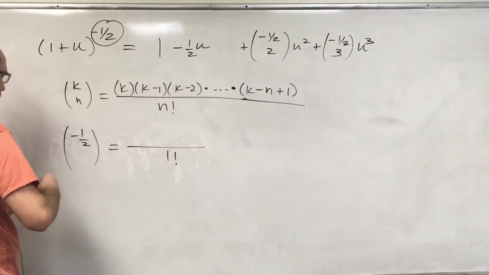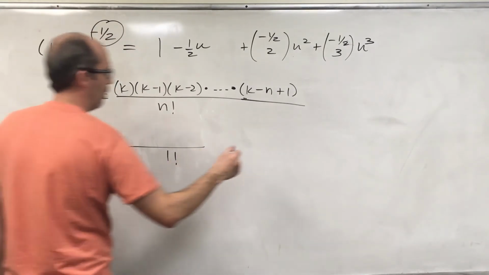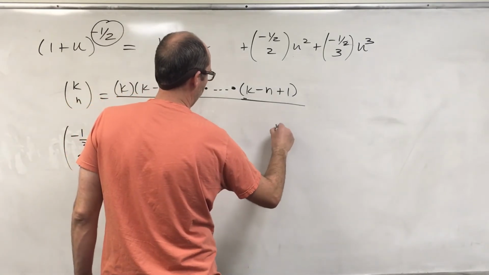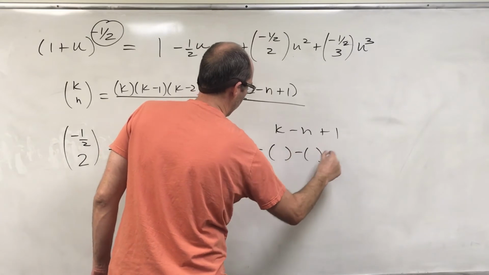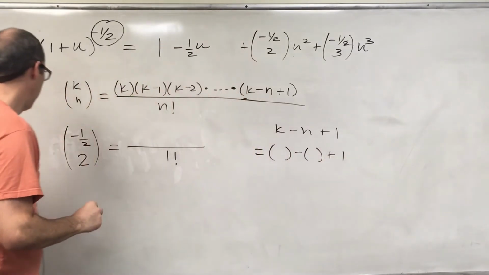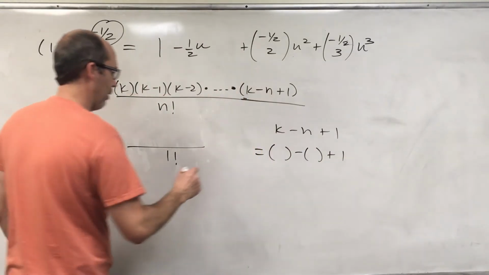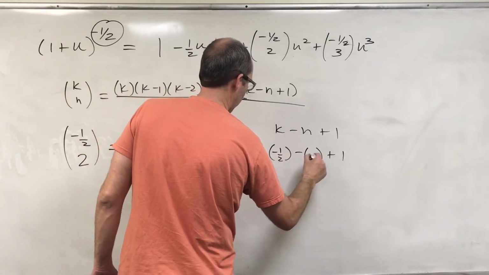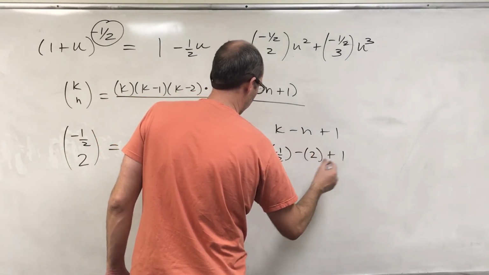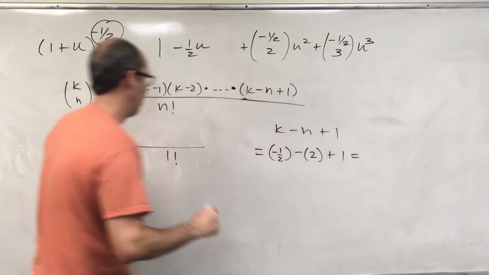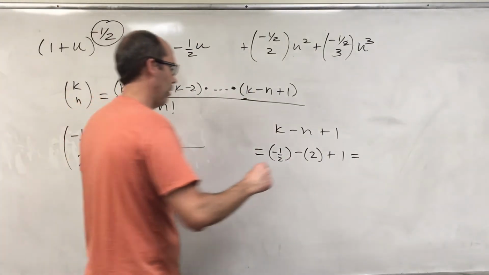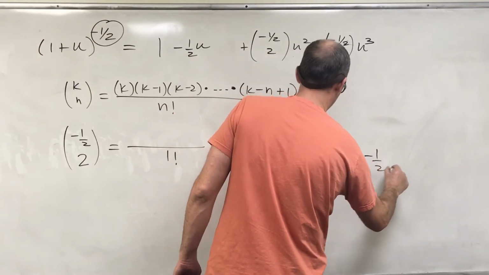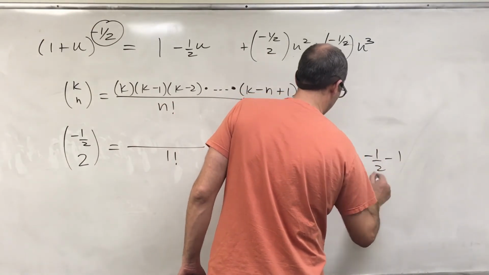Let's figure out the coefficient with the 2 there. It's k minus n plus 1. k is negative a half, n is 2, so we stop at negative a half minus 2 plus 1, which is negative a half minus 1.